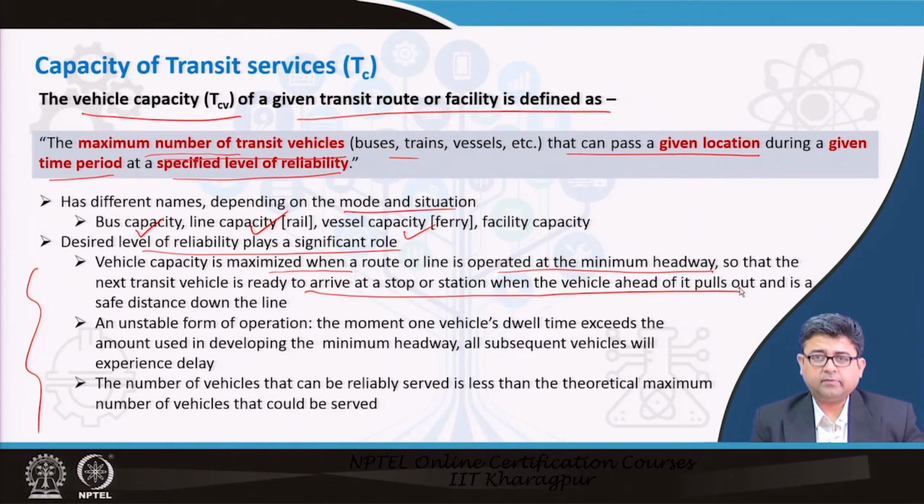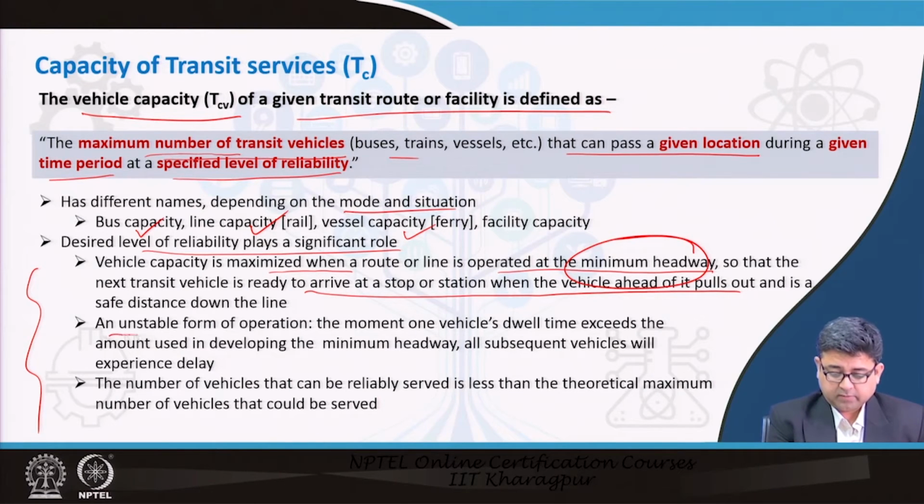However, we know that maintaining the proper headway is very difficult under operating conditions because of traffic congestion and so on, and also dwell times at the bus stations. So, we always want to minimize headway so that we can keep the vehicle capacities at a maximum.